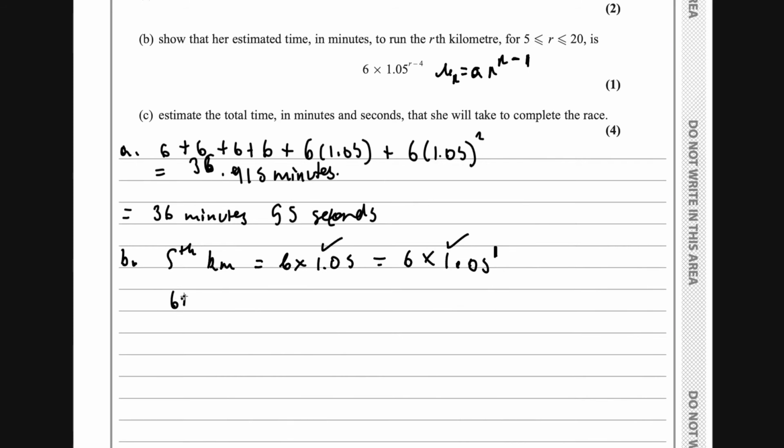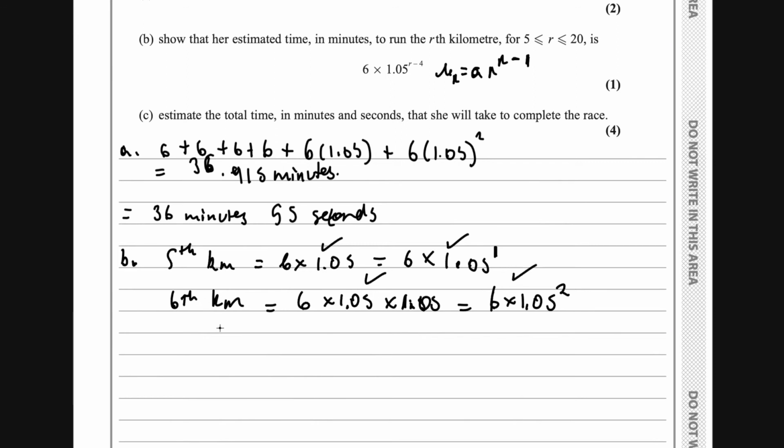The 6th kilometre, which is what we've determined here, is going to equal 6 times 1.05 times 1.05, which when we apply it into this here is going to be 6 times 1.05 to the power of 6 minus 4, which is 2, and again matching up to what we've got there.